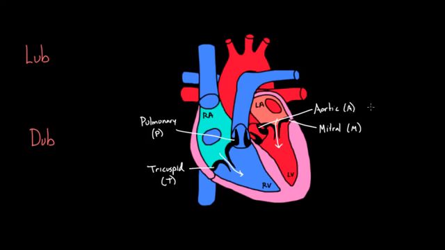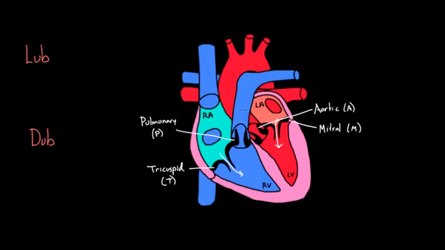As the blood is now in the ventricles, you can see that the tricuspid and the mitral valve are open. So far, so good. Now, I've drawn the pulmonary valve as being open, but is that really the case? The answer is no, because as blood is moving down from the right atrium to the right ventricle, let's say, and I'm going to draw it in black, black arrows represent the wrong direction of flow.